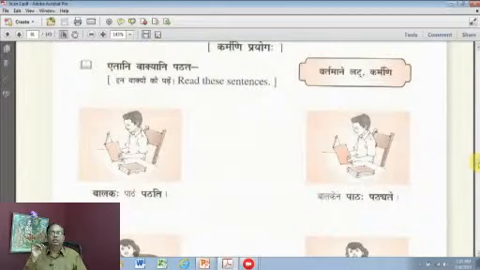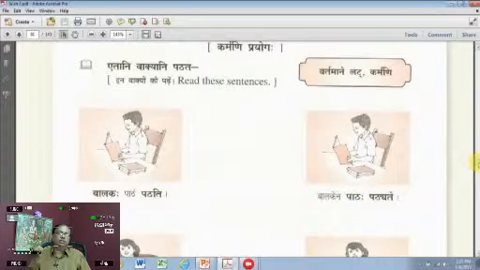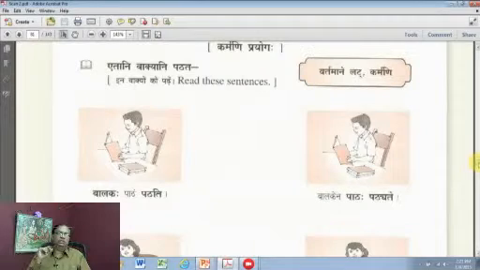In karmani prayoga, in passive voice, the karma, the object, acts like a subject and occupies the position of the subject. Whereas in kartari active voice, the subject is subject, object is object.